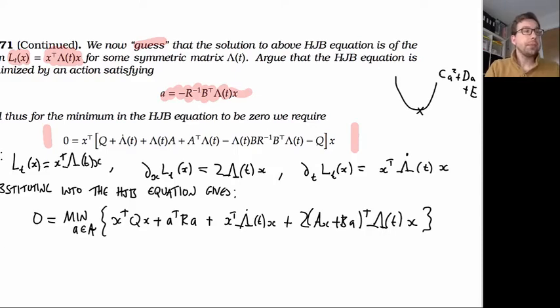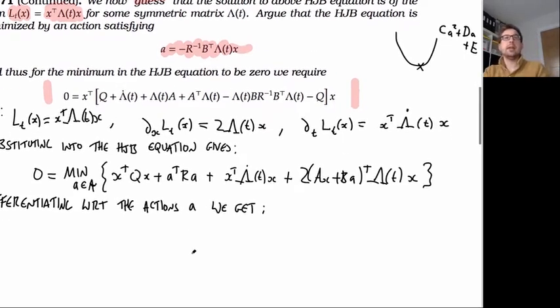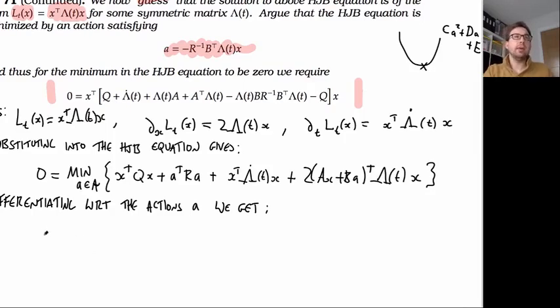So differentiating with respect to the actions A, we get, just like before, where we got 2 lambda x, we're going to get 2RA here. The derivative of this with respect to A is 0.